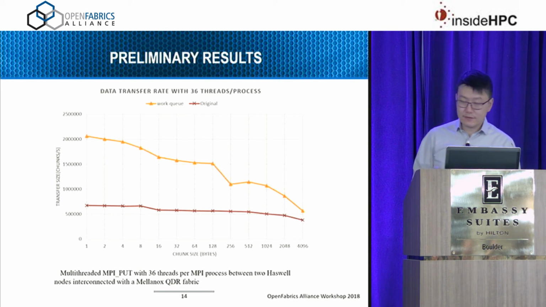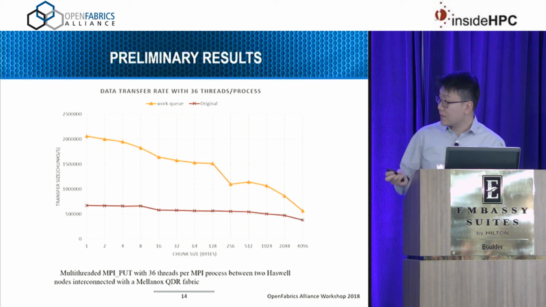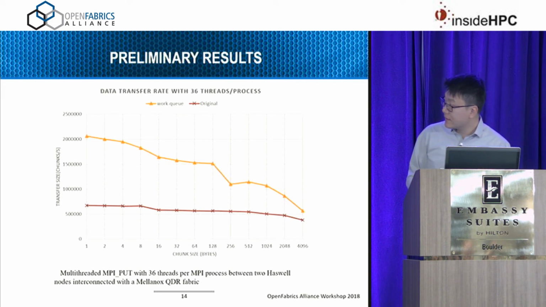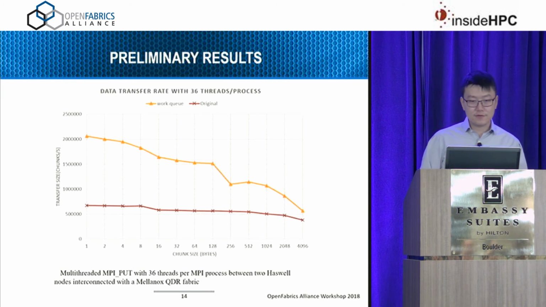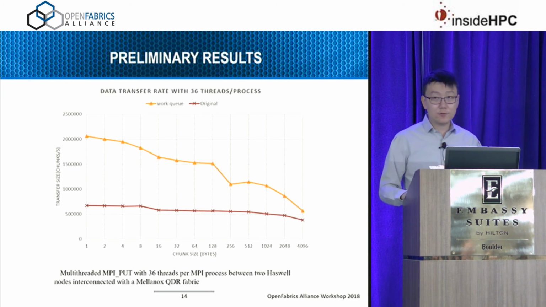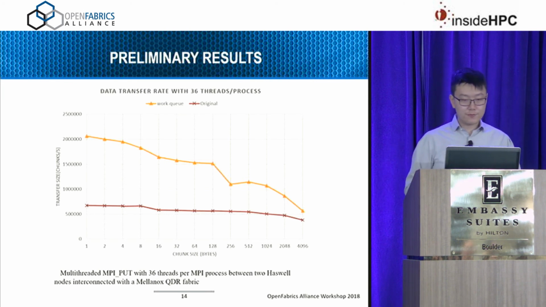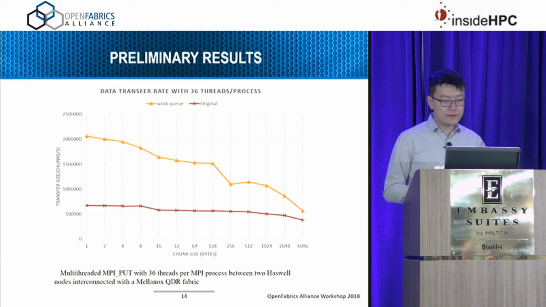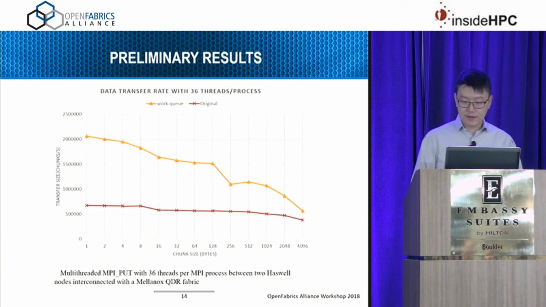The orange one is the one with the work queue, and the performance improvement is roughly around four times. This is still ongoing work. This is a preliminary result, and we're trying to get more and test on different hardware in the next few weeks.